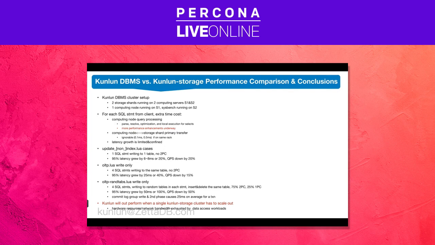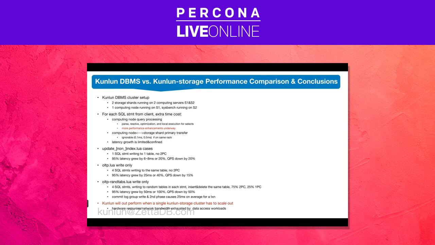But Kunlun will outperform when a single Kunlun storage cluster has to scale out, because in that case, a single Kunlun storage shard will not be able to handle the massive heavy workloads.